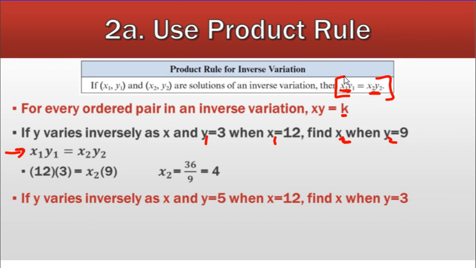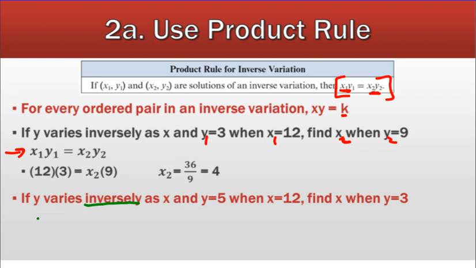Let's try one ourselves. y varies inversely as x, and y equals 5 when x is equal to 12. Find x when y equals 3. The key word here is inversely. So that means I'm going to be using the product rule for inverse variation.